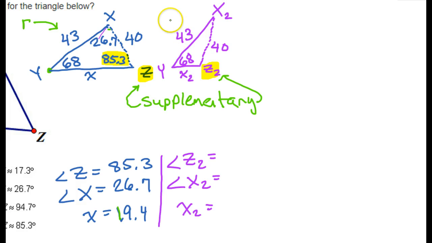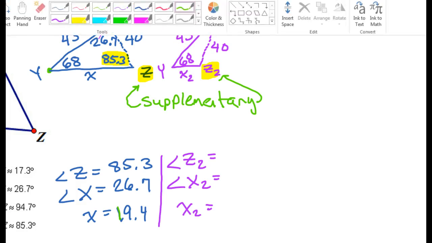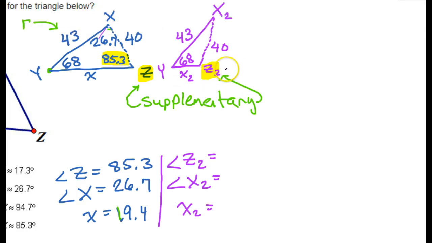Okay, so that tells me the other angle. Okay, so that's a lot easier than doing the law of sines, so that's very helpful. Okay, so we get 94.7. Now we can find the other angle. We still don't need the law of sines yet.